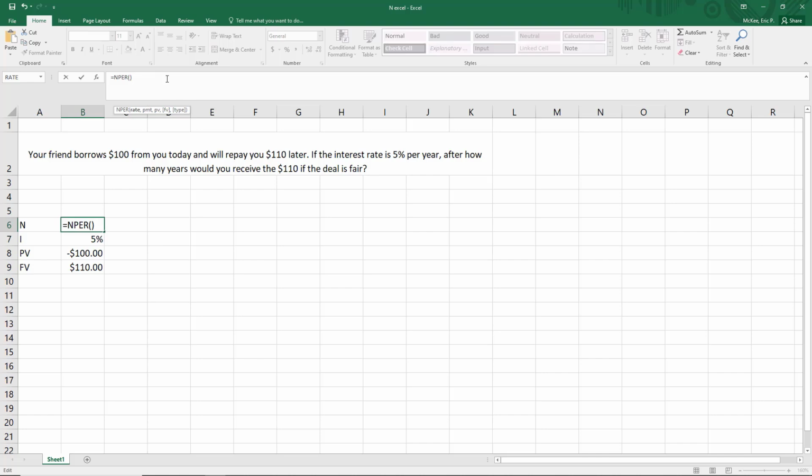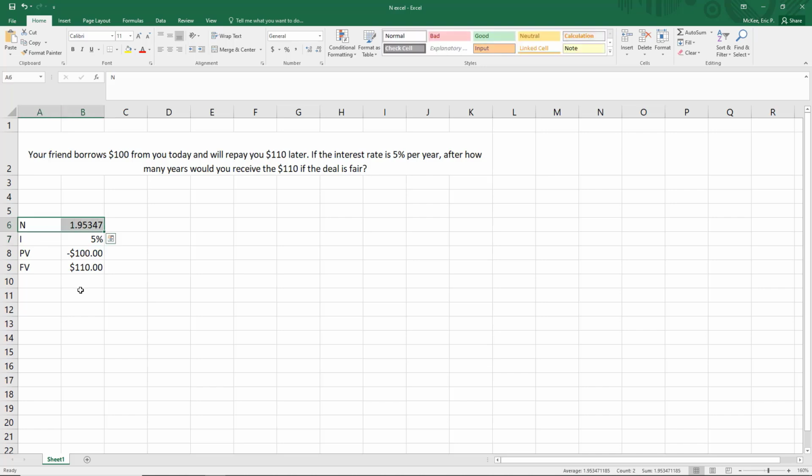So instead of me putting in 0.05, I can say B7, and it's going to take whatever value I put in for B7, which is right next to my interest rate. I put in my interest rate here. Payment was 0. It's always going to be 0, so we can keep that alone without cell references. B8 is present value. B9 was future value, and we're done.